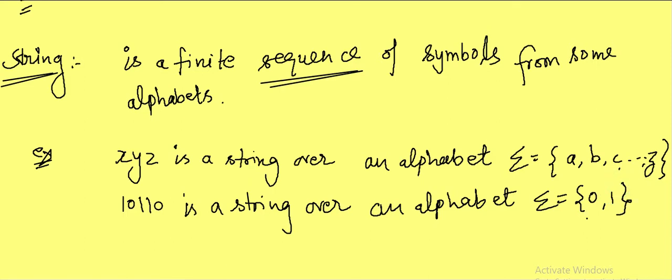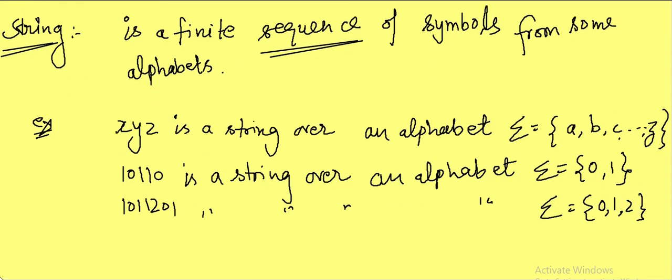Let me take another example, if you still have any doubt. We have 1011201. It is a string over an alphabet which contains three elements, 0, 1, 2. This is a finite, non-empty set, so it is an alphabet. We can make any combination using 0, 1 and 2, and every combination will be a string, right?